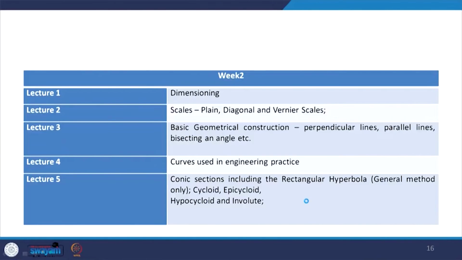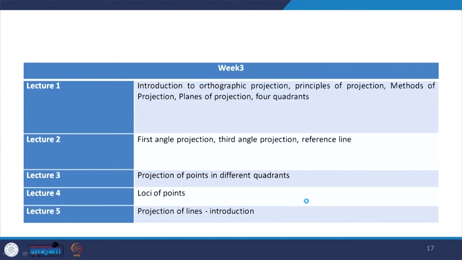In week 2, we will start with dimensioning and scales, because scales are very important. We will understand scales, and then we will start basic geometrical construction using these equipments. Then we will go on to understand how curves in engineering practice are used and different conic sections. In week 3, we will start with orthographic projections.